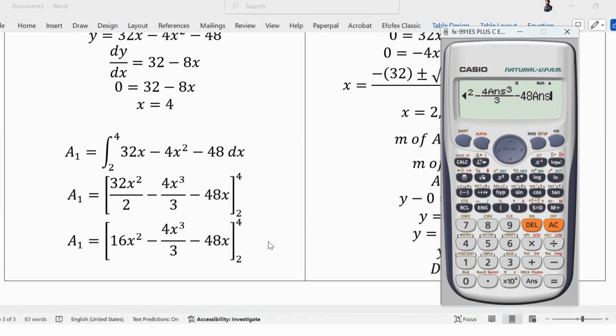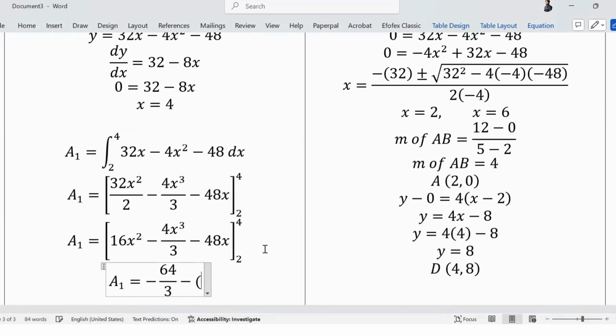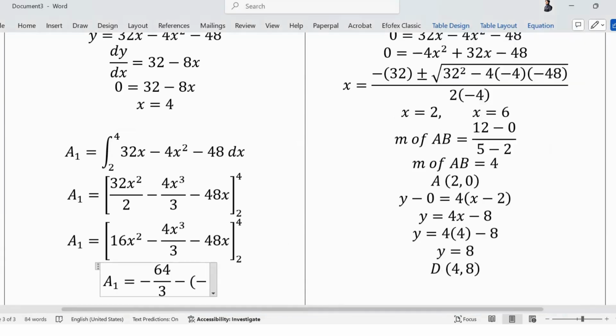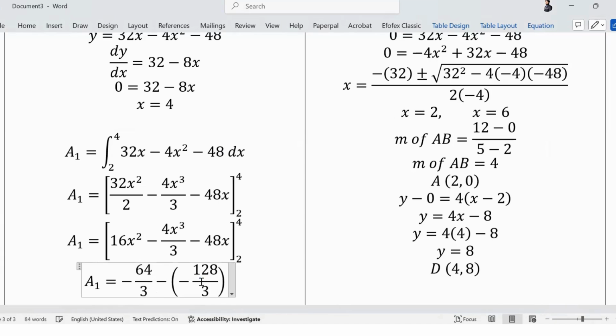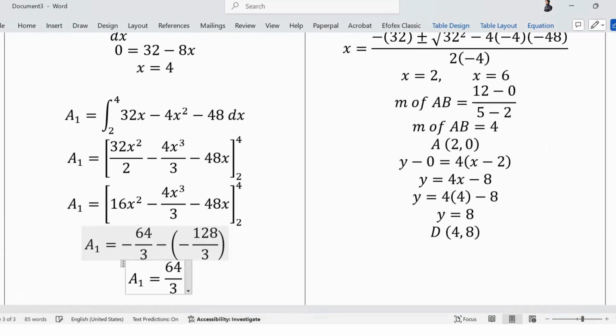So plugging in 4, the value I get is -64/3. Now the next value I need to plug in is 2. I write 2, press equals, then go to the equation and press equals again, and it gives the answer for 2, which is -128/3. I do not need to write the entire thing again. So what is the area between the curve and the x-axis? 64/3. This is my area between the curve and the x-axis.